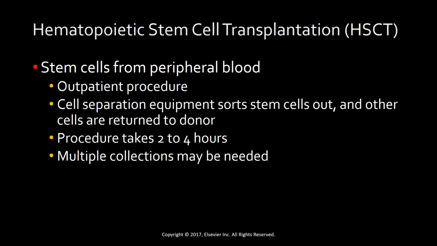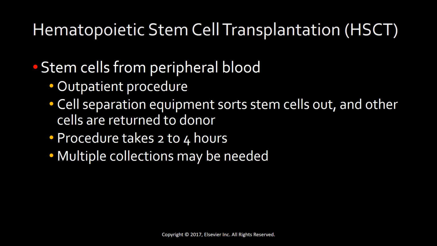Peripheral stem cell transplants are obtained from the peripheral blood in an outpatient procedure. It's done using cell separator equipment that automatically separates the stem cells from the blood circulating through the machine and returns the remaining blood components to the donor. This process takes about 2 to 4 hours.